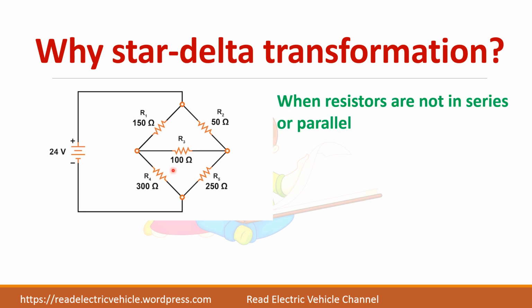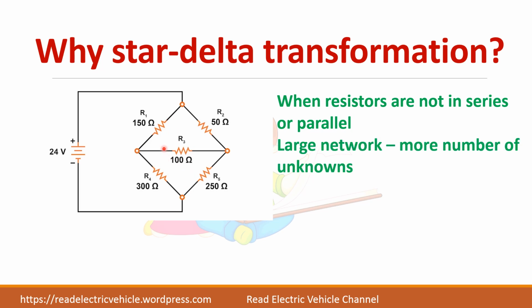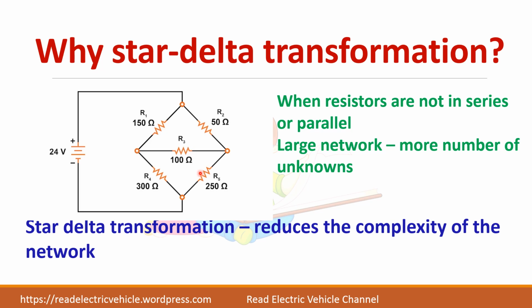So in such cases, reducing the network is difficult. So here we can apply star delta transformation to reduce the network and simplify the circuit. So this star delta transformation helps to reduce the complexity of the circuit.